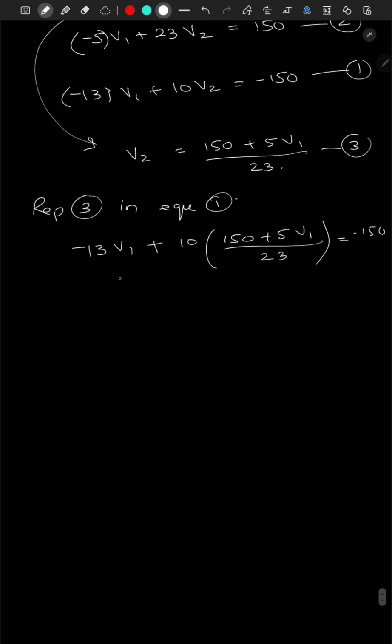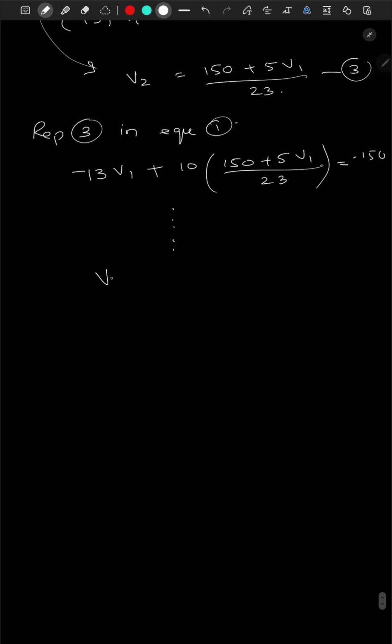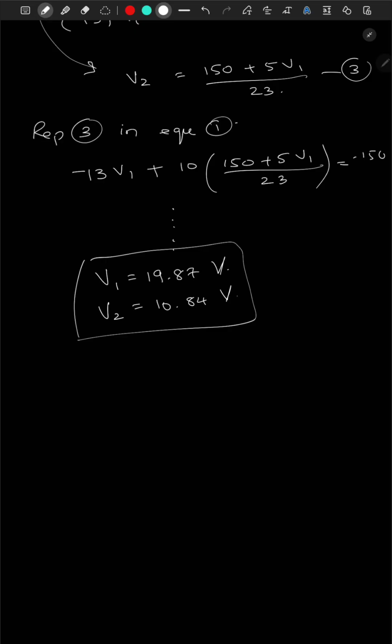So you can solve for V1. If you solve for V1, you will have your answer. V1 is equal to 19.87 volt. And if you replace it in the other equation, you will have V2 equal to 10.84 volt. So you can solve this to find V1 and V2.